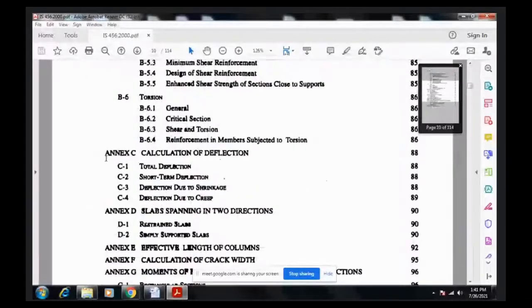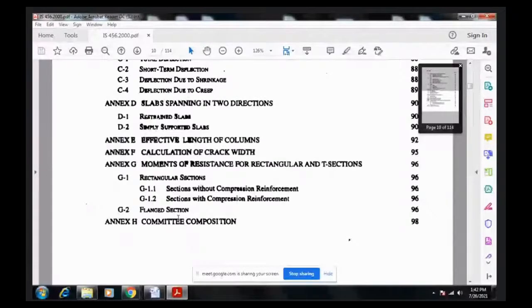There are annexes A, B, C, D, like that. Even the persons who actually developed this book, you will get their names also, the committee composition. So what I mean to say is that today I could have started the design equations.